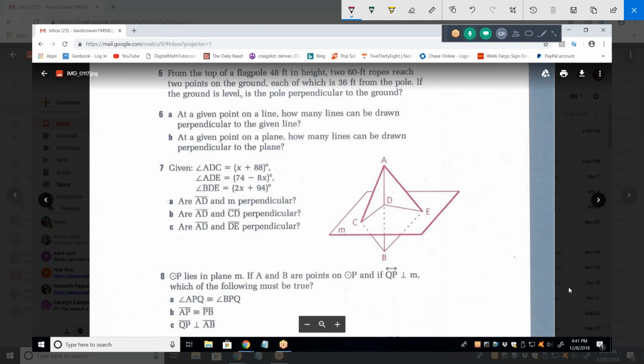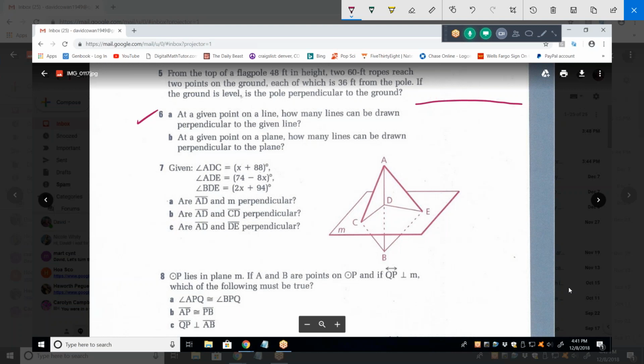Wow, these are brutal. Okay. Brutal and a bit ambiguous, I would say. At a given point on a line, okay, this is one-dimensional. How many lines can be drawn perpendicular to the given line? At a given point?